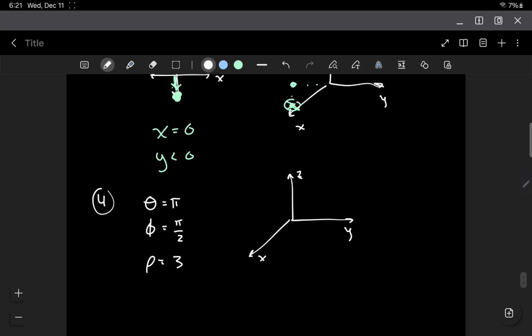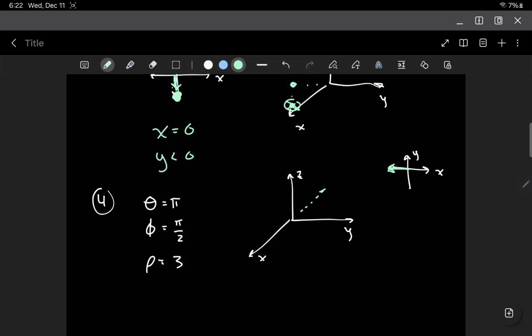So when we are trying to plot this point, I'll start with theta. So theta is equal to pi, which means we're pointing in the negative x direction. If you want to draw it in 2D space, we're aiming our telescope, so to speak, in this negative x direction. That's going to look like this over here.